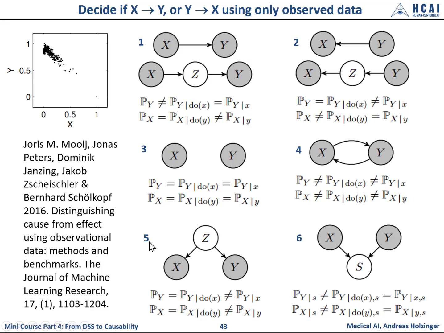And in case 5, we have a hidden confounder which explains the relationship. Think back to the storks deliver babies example. This is a typical example like that. And the last case 6 is conditioning on a hidden variable S, which explains an observed dependence. This is just so that you see how you can work with this in knowledge engineering, in knowledge extraction. Actually this is a good example for knowledge extraction, which you can use then for machine learning, artificial intelligence.